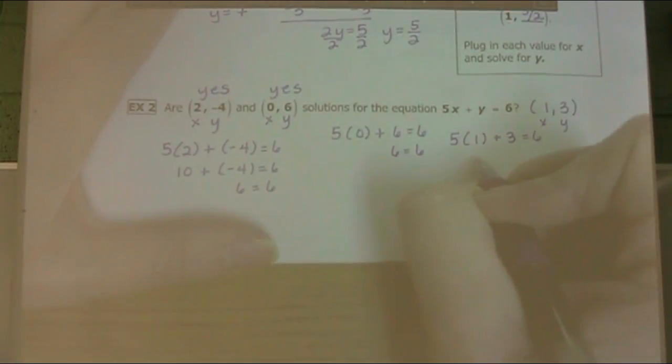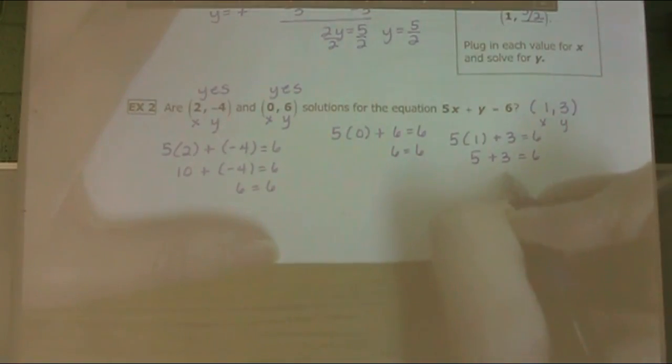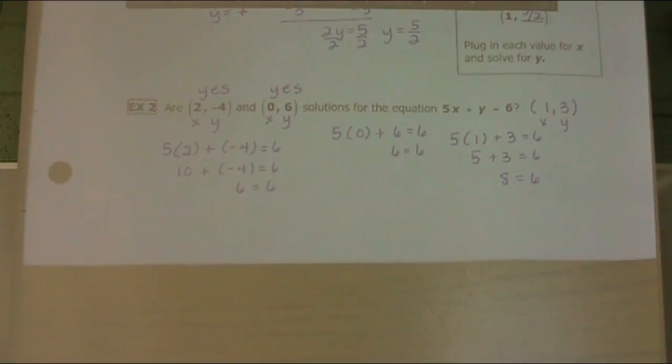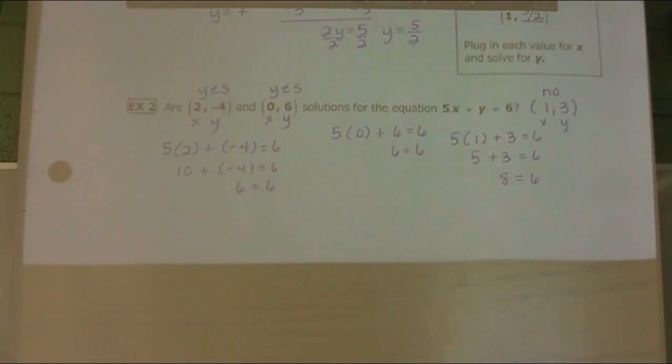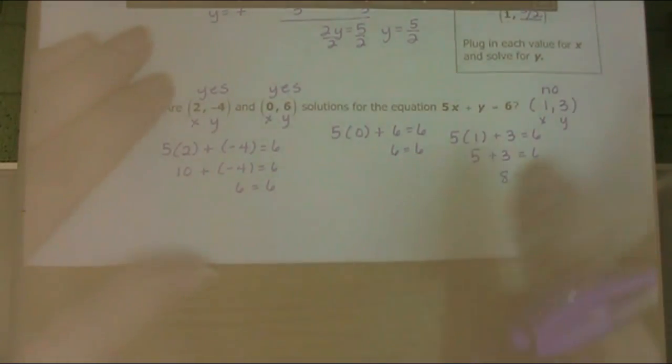This gives me 5 plus 3 equals 6, which is 8 equals 6. Since both sides are different numbers, this is not a solution. So no, it is not a solution. Let's go to the next page.